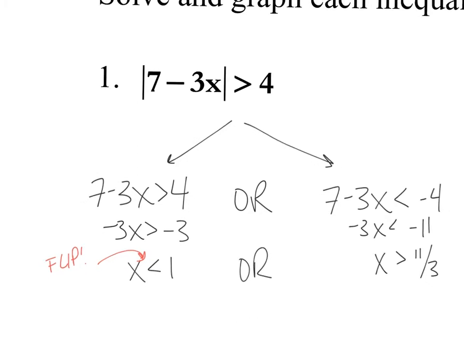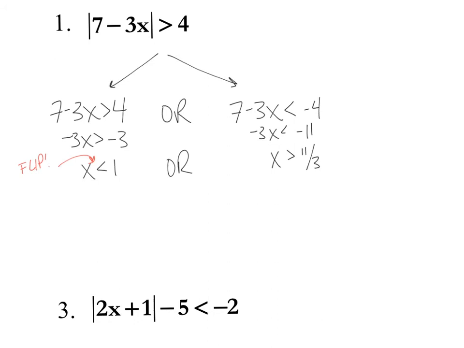So what I have there is two different inequalities, and you already know how to graph that and write that in interval notation. So with my two numbers, make sure you put them on the number line in the correct order. And I'm shading to the left of 1 because the arrow here is pointing to the left. I'm shading everything less than 1 with a parenthesis on 1.